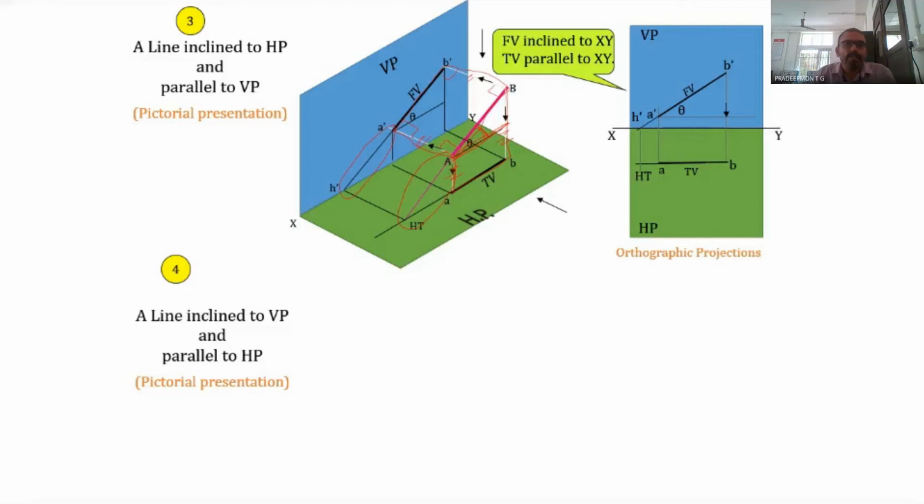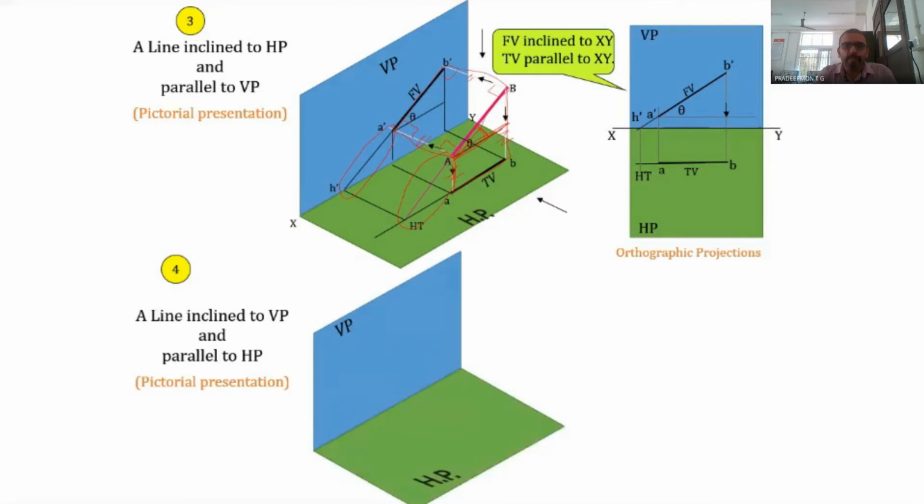The next condition is a line which is inclined to VP and parallel to HP. So here is VP, here is HP, and here this line AB is inclined to VP and parallel to HP. It makes an angle of phi with the VP. This is the true inclination: the true inclination with the VP is always denoted by phi.